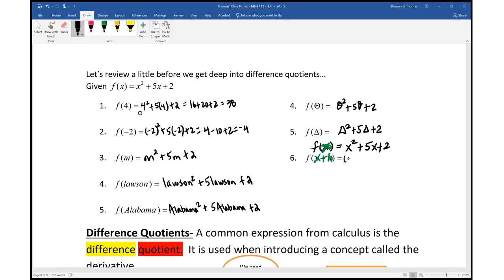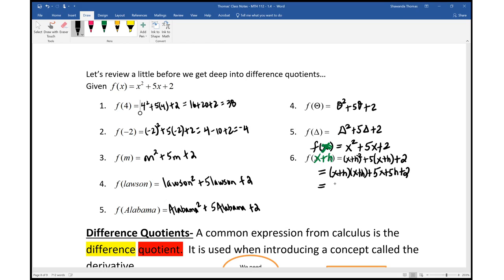So we have x plus h squared instead of x squared. All of it is being squared, plus 5 times x plus h, plus 2. And then, of course, we can write this all out. That's x plus h times another x plus h, plus 5x plus 5h plus 2.